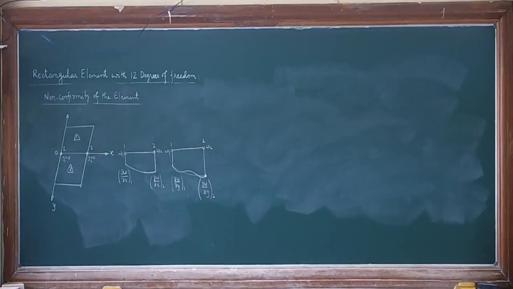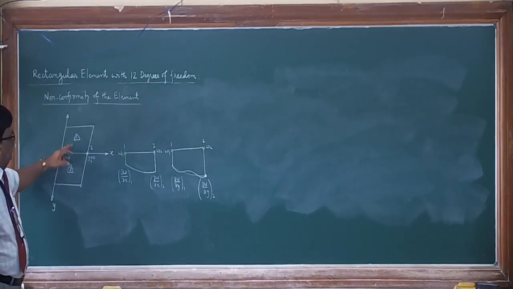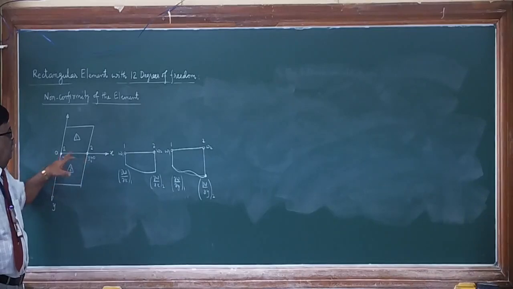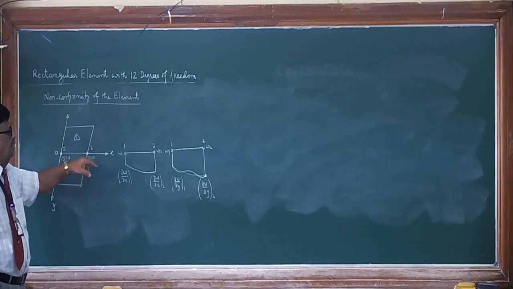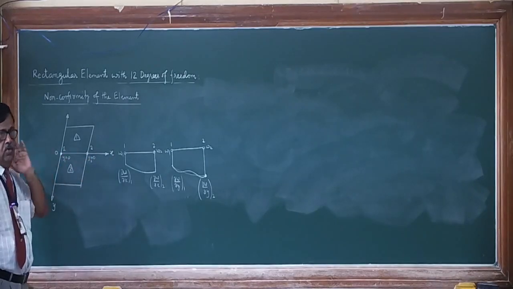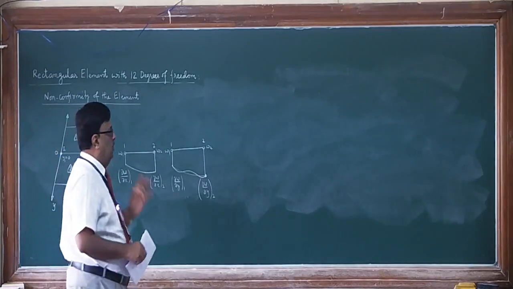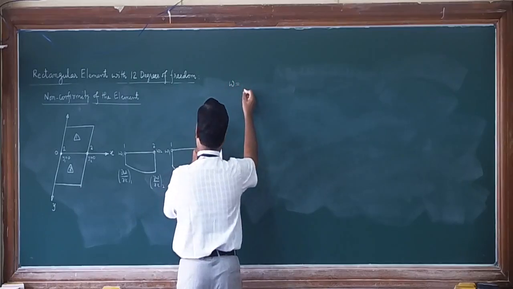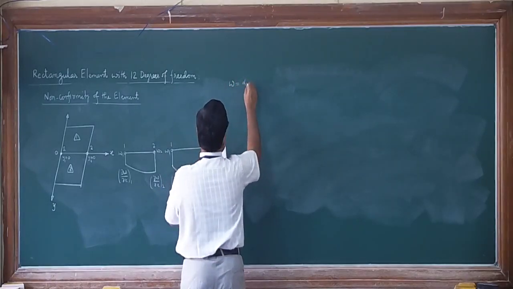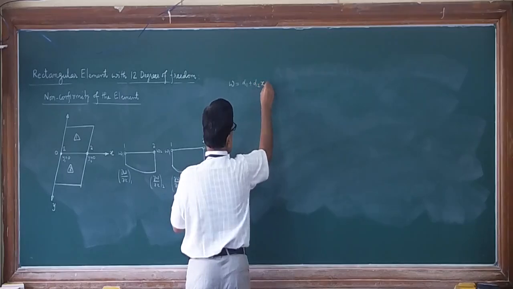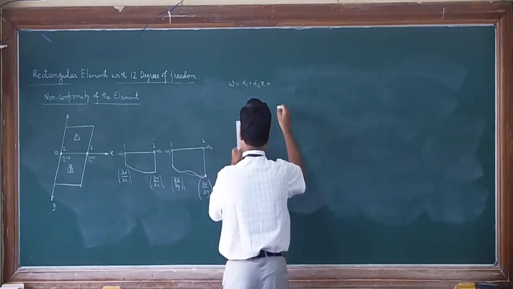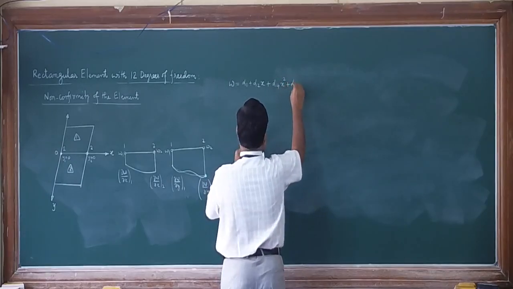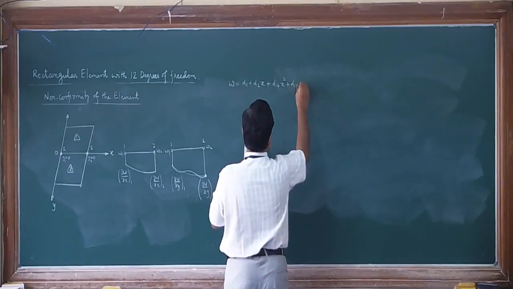So now, I am presently taking two elements which are adjacent to each other. They are having the common edge 1, 2, and they are aligning with the x-axis. Therefore, the y terms are 0. So if you set y equal to 0 in your deflection equation, your modified w will become alpha 1 plus alpha 2 x plus alpha 4 x square plus alpha 7 x cube.